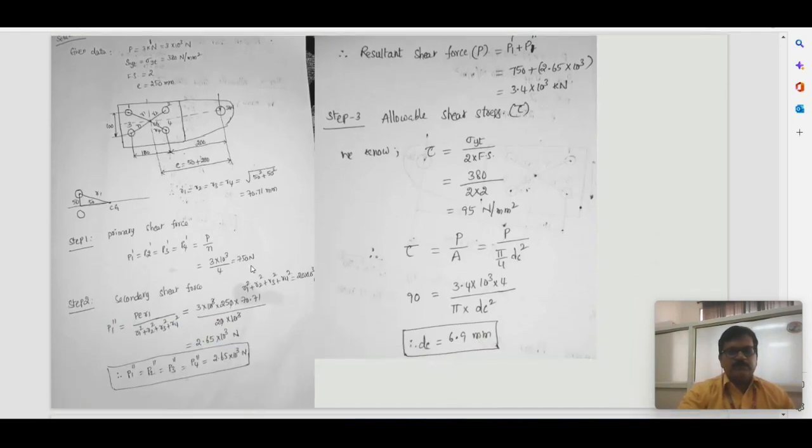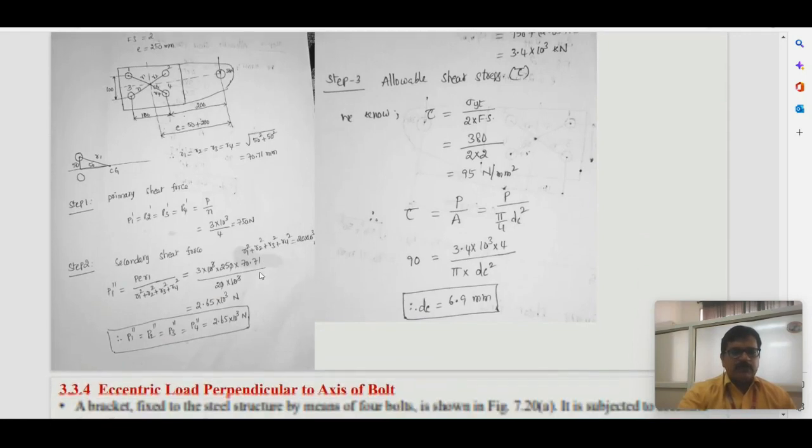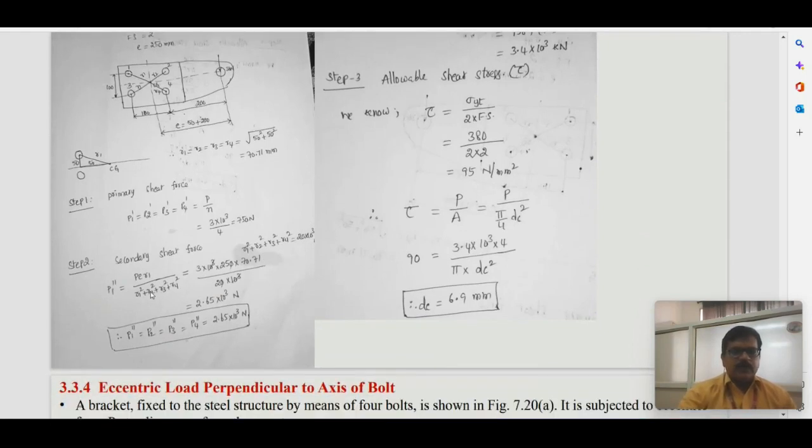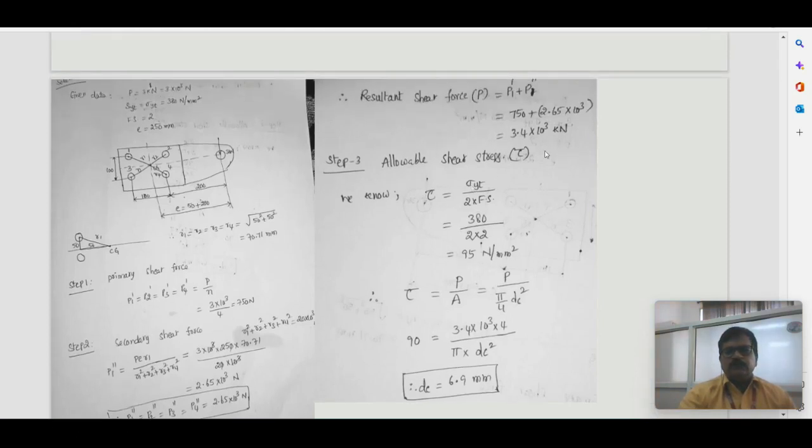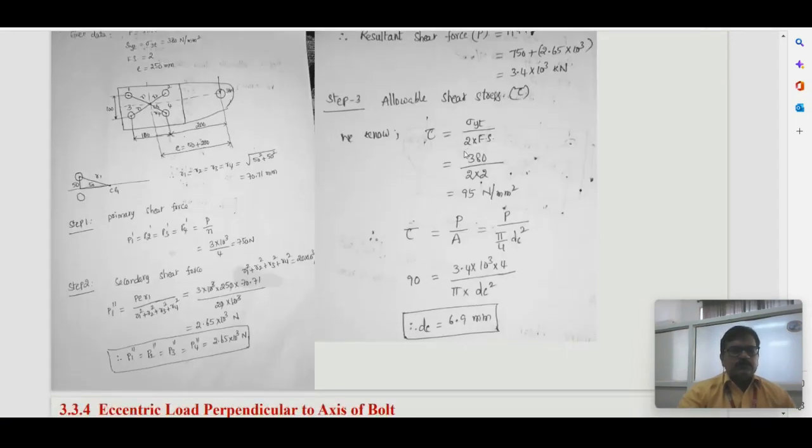The primary is 0.75 kilonewton or 750 Newton, and secondary, as all of them are equidistant, is P e into R1 divided by R1 square, R2 square, R3 square and R4 square. This is secondary, and then the resultant shear force is calculated by the algebraic summation of the two forces. Primary is 750 downwards, whereas the secondary is 2.65 into 10 to the power of 3, that is 2650 in this direction.